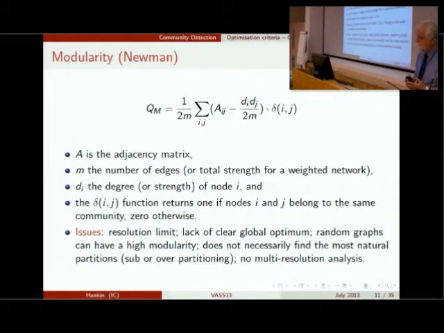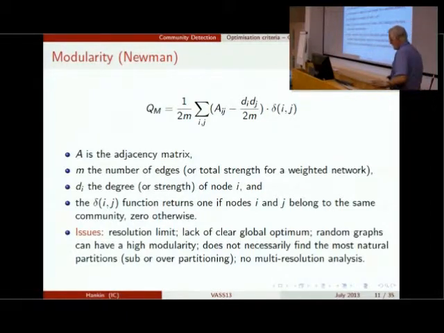Using this criteria, you tend to over-partition the graphs. And also, this is quite an important limitation, many divisions of a graph into subcommunities would end up with the same Q_M measure. So there's no clear global optimum. There's no clear choice coming from this approach.